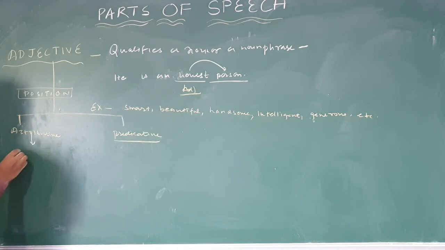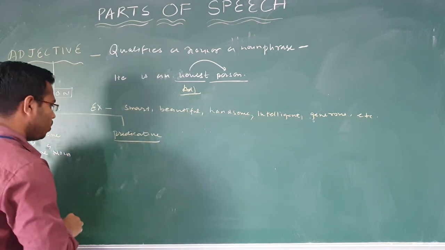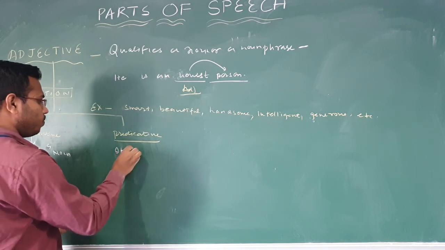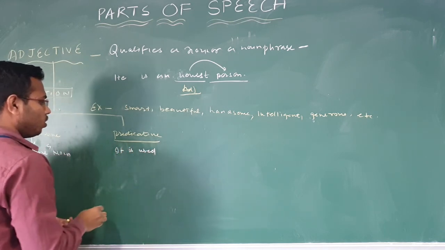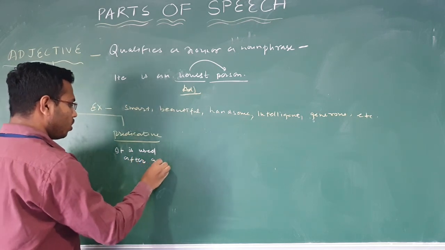Attributive means when it is used before a noun, and predicative is when it is used after a noun.